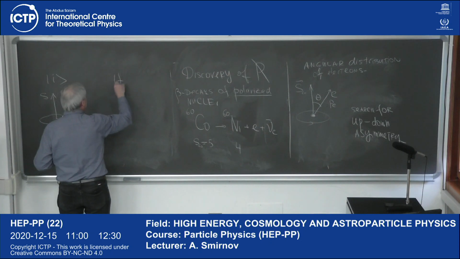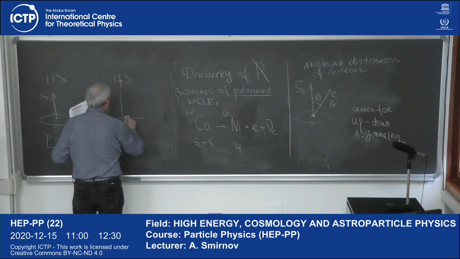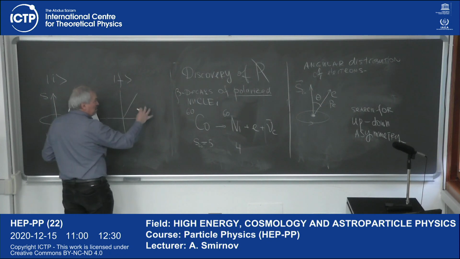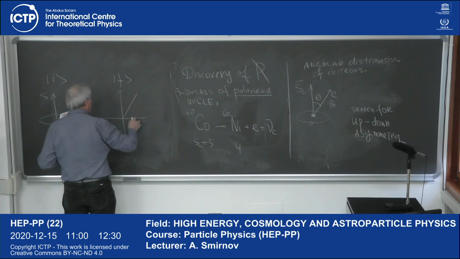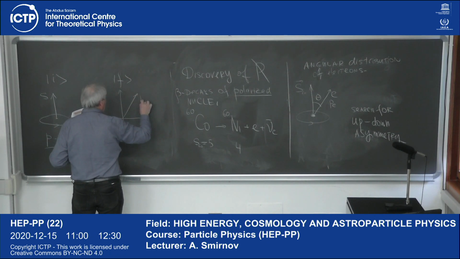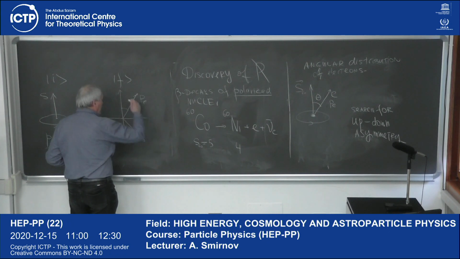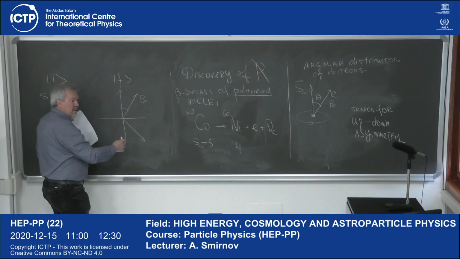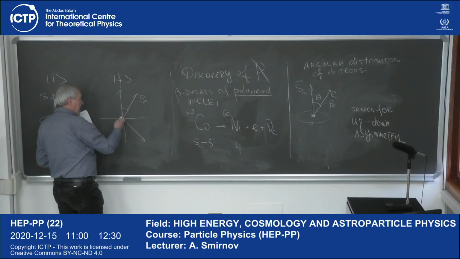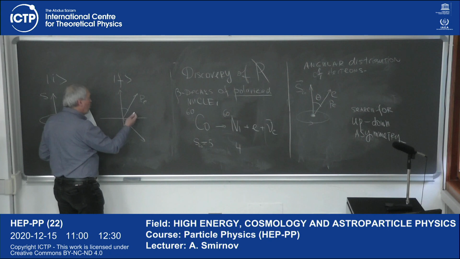And final state is that we have electrons which are flying in general in all the directions. So this is P electron, and in particular in this direction and in this one. So here we deal with up down, and if number of electrons in this direction differs from number of electrons in this direction. Or if you want, you can even integrate over theta, right?